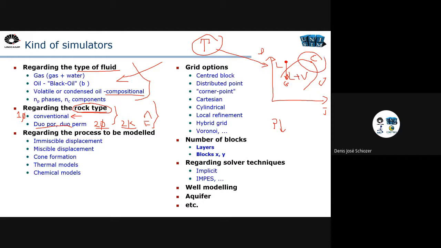If you are around this area here, the behavior of the fluid there is very complex. Sometimes we have some fluids, for example, that is vapor in the reservoir, then we go into the two-phase envelope, then we go again to the vapor. If we are close to here, sometimes we have a clear situation where we have oil and gas.